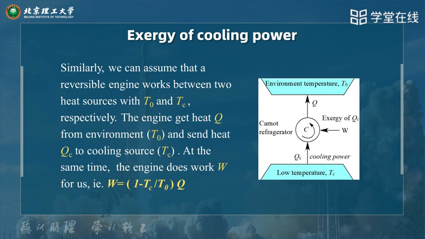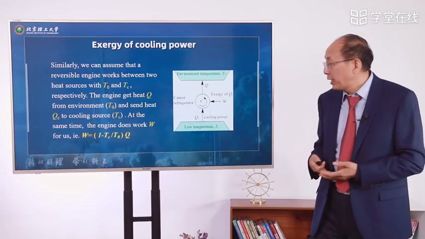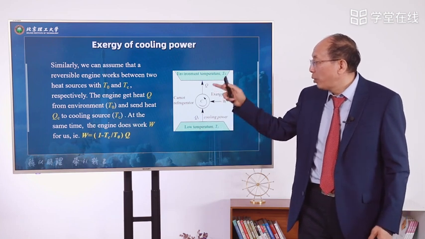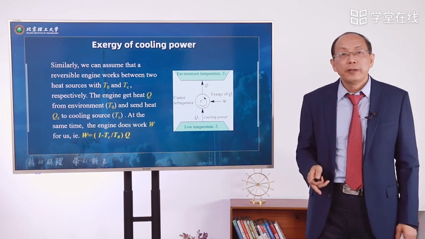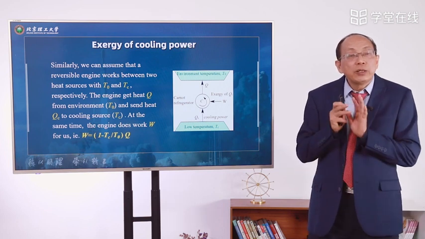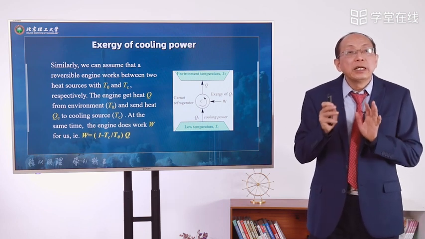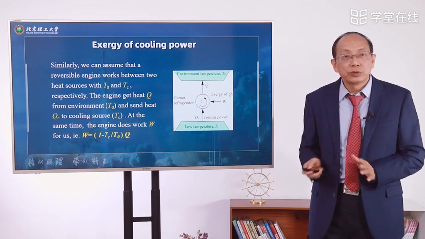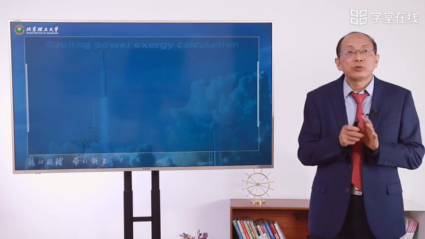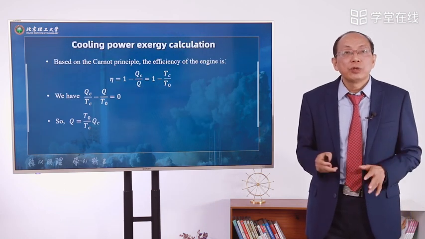At the same time, the engine does the work W for us. So in this case, W is 1 minus Tc over T0 times Q. But the exergy of cooling power is not the exergy of Q, so we can do some change.